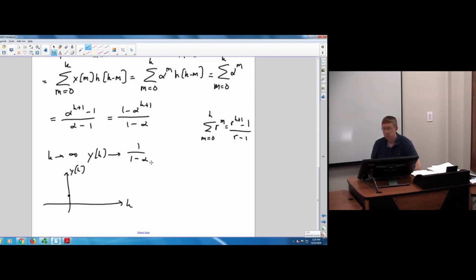Say it's 0.2, just as an example. 1 minus 0.2 is 0.8. 1 over 0.8 is a number bigger than 1. So this is asymptotically approaching some value, 1 over 1 minus alpha, as k gets big. It's kind of a ramping up signal like that.